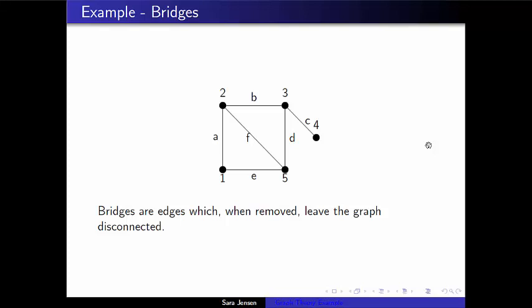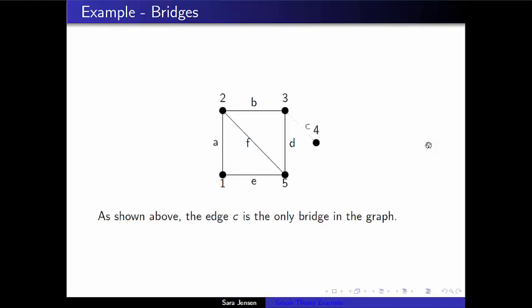Because this is much easier, all I'm going to say in this video is if you walk through each of these edges, you'll find that C is an example of a bridge in this graph. When we remove the edge C, we get that same kind of isolation we did before, where we have a connected component consisting of 1, 2, 3, and 5, and then vertex 4 is all over here by its lonesome. All the other edges, if you remove them, everything remains connected, and so they are not bridges in the graph.